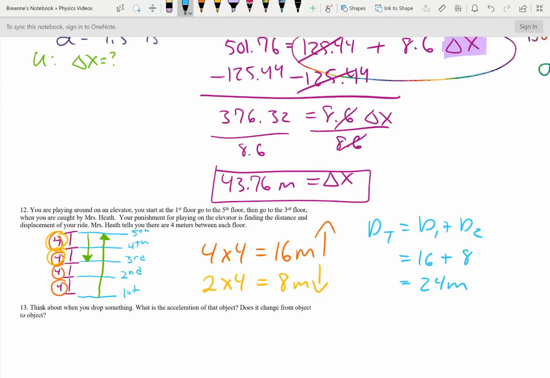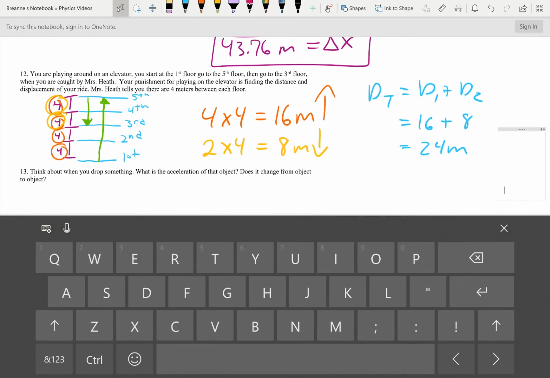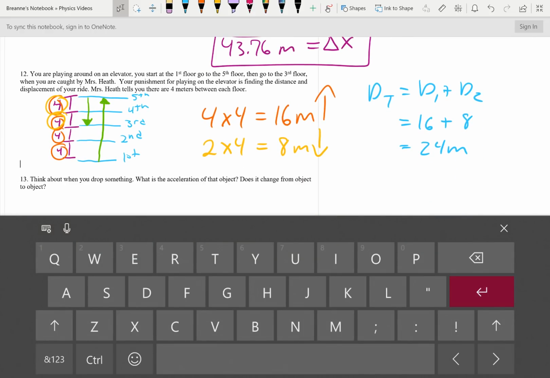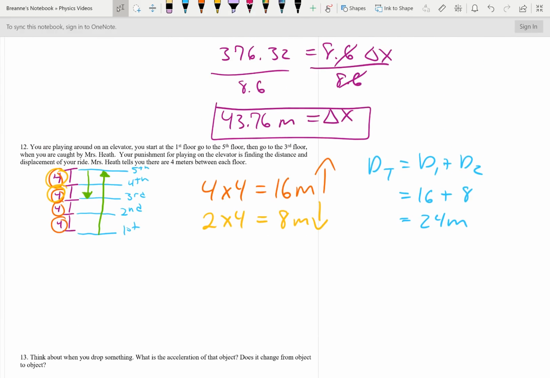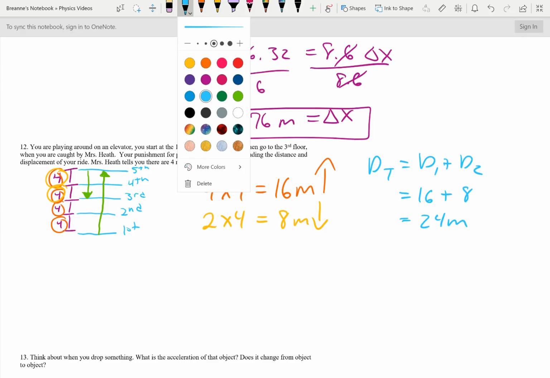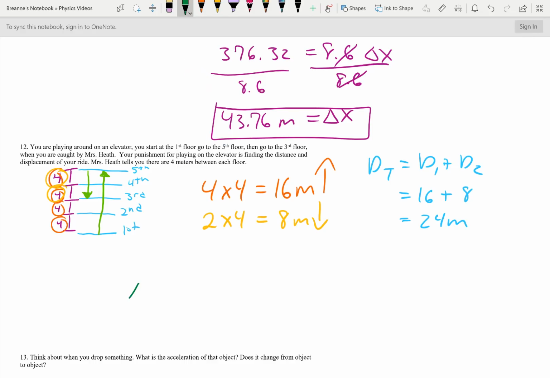But for your displacement, it is your final position minus your initial position. So your initial position was just 0 because you haven't really moved any.